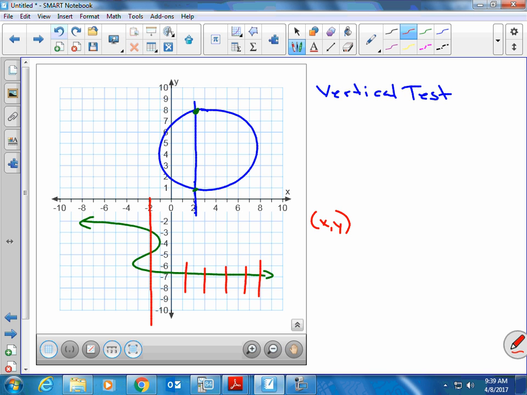This graph does not represent a function, because if I drew my vertical line here, it passes through the graph 3 times. Okay? Okay, that is the difference between a relation and a function.